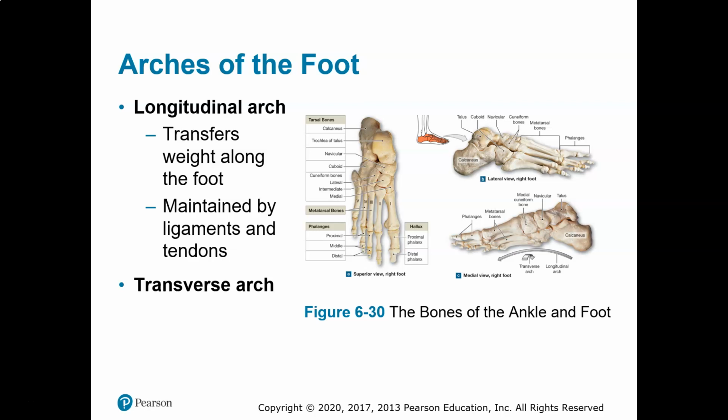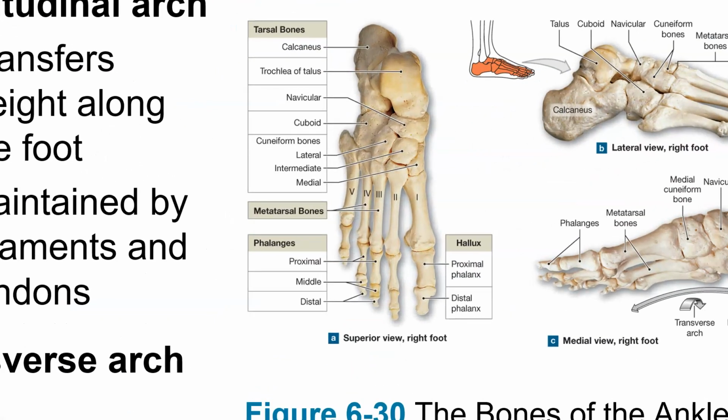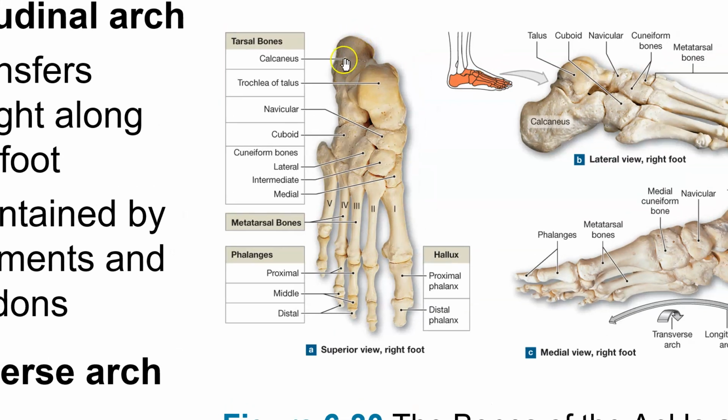This shows you some of the arches of the foot, but I want you to see this because it shows you the different bones. So when we're looking at a superior view of the right foot, meaning we're looking down on it, this shows you the calcaneus, and this is the talus.